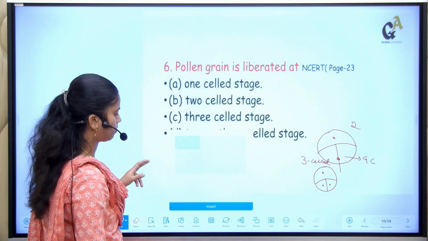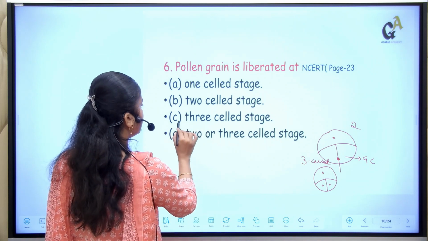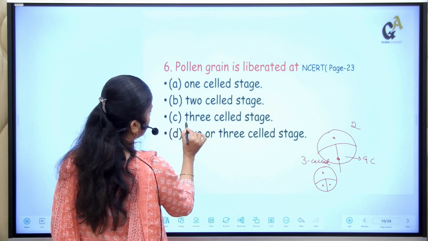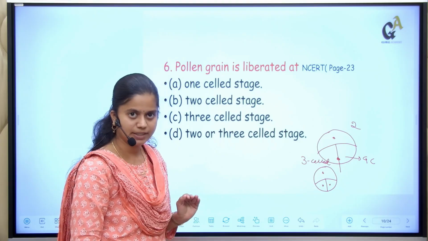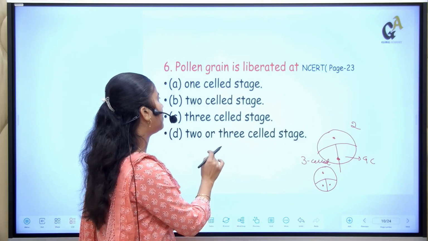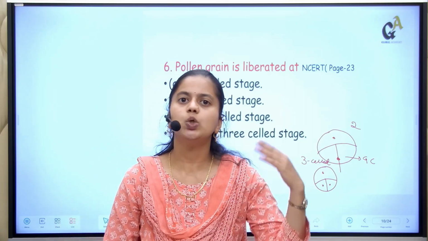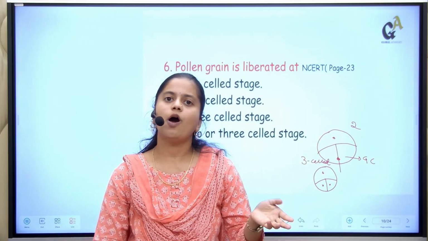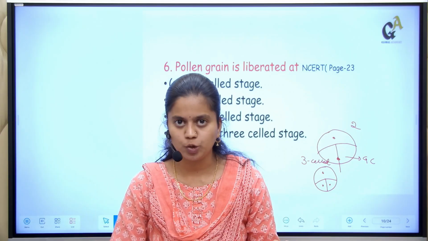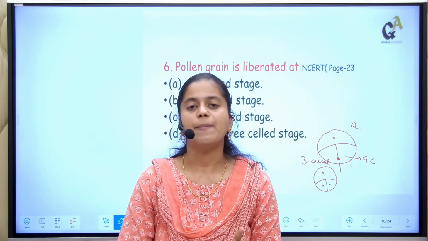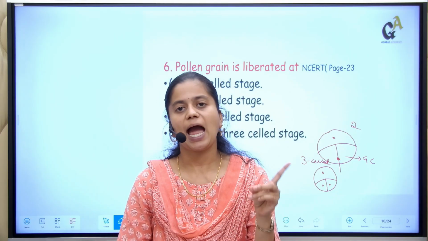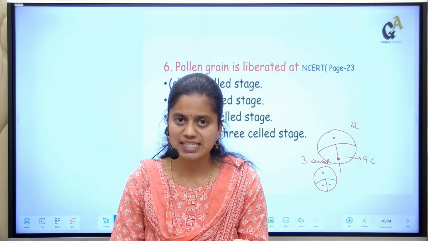So let us see the options here. Option C is 3-celled structure. But students, please remember, even though the pollen grain is liberated at the 2-celled stage, later on after entering the pollen tube, the generative cell has the capacity to divide and again become the 3-celled stage.